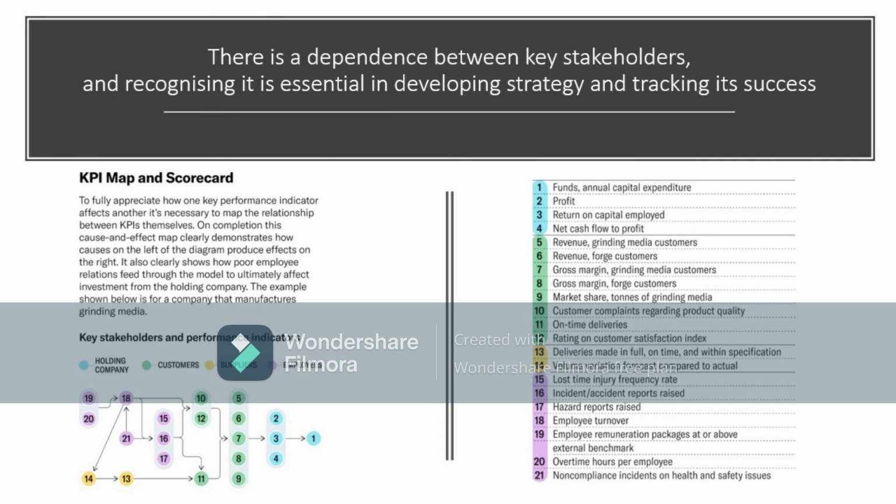Strategy for one affects strategy for others. There is a dependence, and I highlight dependence, between key stakeholders, and recognizing it is essential in developing strategy and tracking its success.